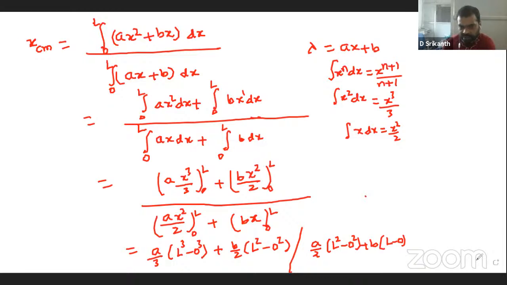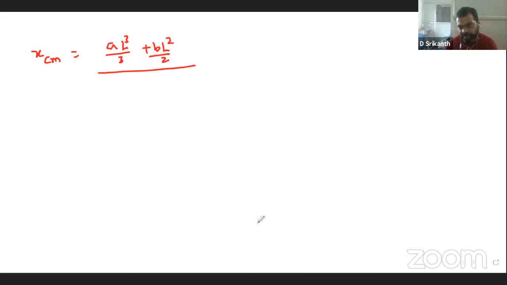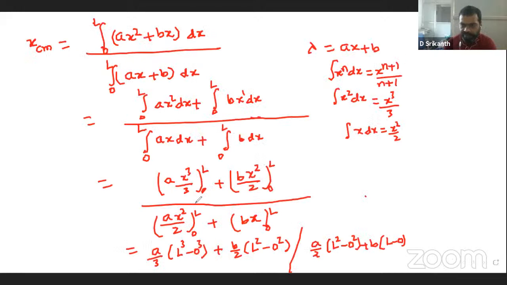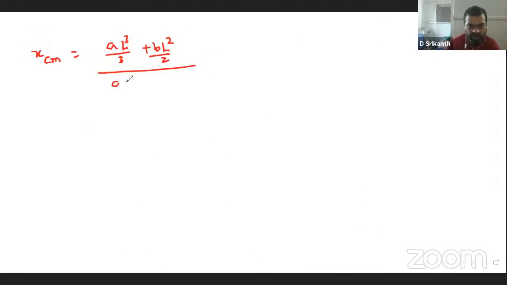Okay. So xcm is equal to a L cube by 3 plus b L square by 2 divided by a L square by 2 plus bL.